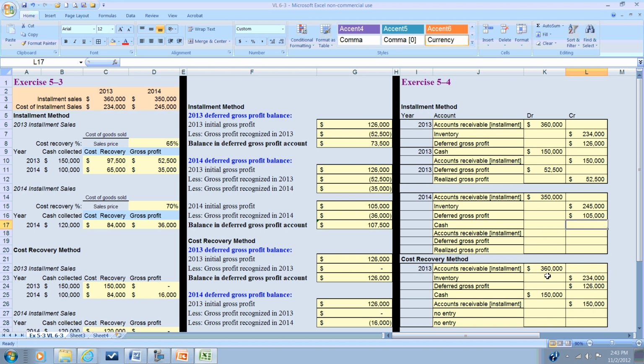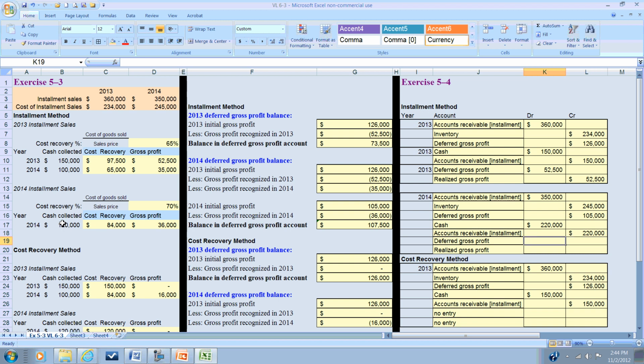Now, our cash collections will be comprised of two installment flows, 2013 and 2014. So we'll collect the 100,000 from the 2013 sales that were collected in 2014, plus the 120,000 that was collected in 2014 for 2014 installment sales.